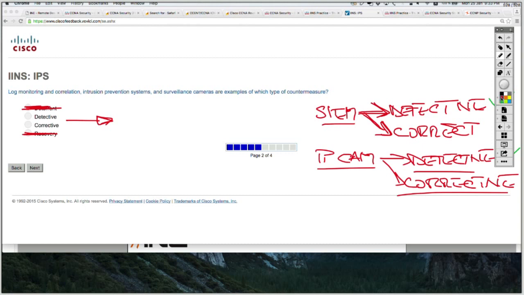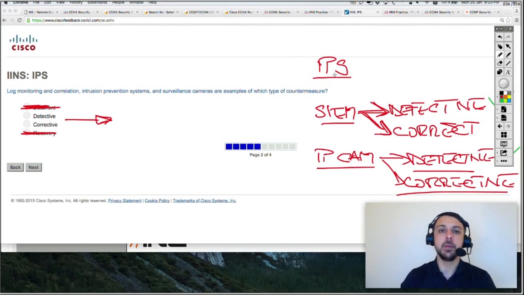And then the IPS, intrusion prevention system. Now, the main difference between IPS and IDS is not in the name of the product. So you may believe that intrusion detection can detect attacks, and intrusion prevention can prevent.